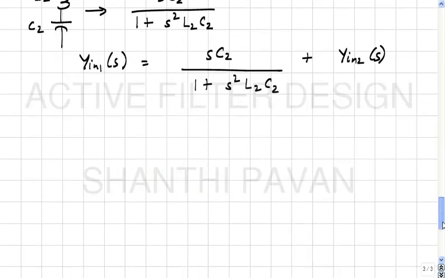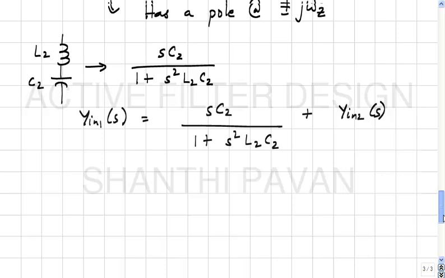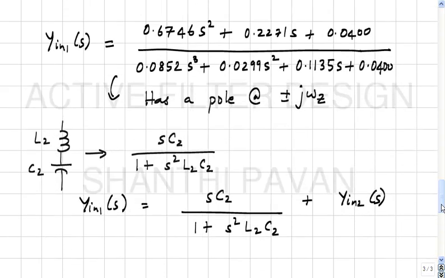Now we already know Yn1 of s. Okay. So now how do we find C2? As s tends to infinity, what happens?